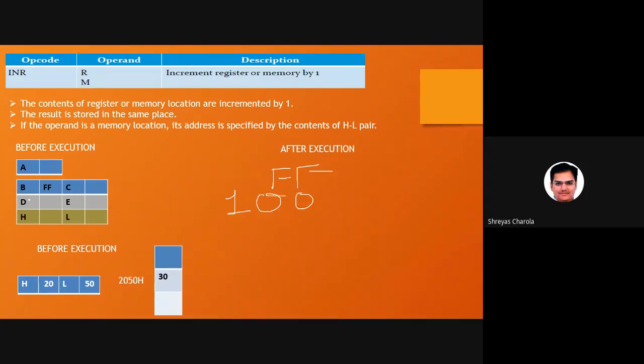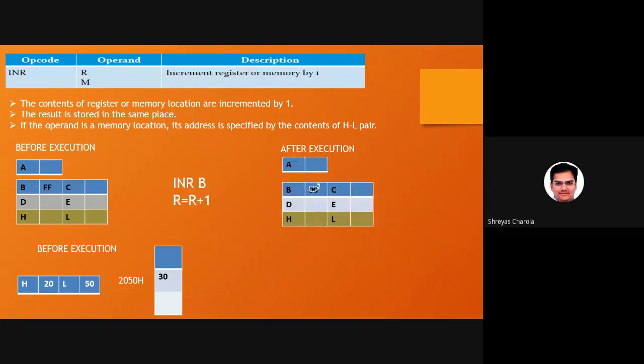That means in the B register I can store only 8 bits. The 9th bit will not be stored because the size of each register is 8 bits. That means this 1 will be ignored and this 00 will be stored over here. Clear, all of you? So the answer will be 00 here.